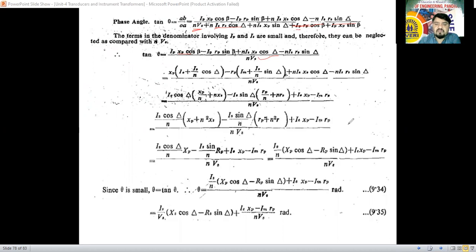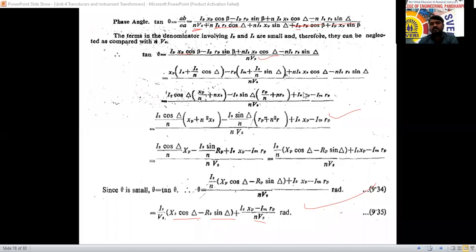By simplifying this equation, theta equal to tan inverse, or directly we can write IS by VS X cos delta minus R sin delta, IE XP minus IM RP divided by NVS here. Now simplifying this term, this is the phase angle equation we are going to call it.